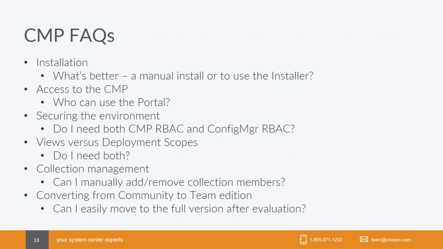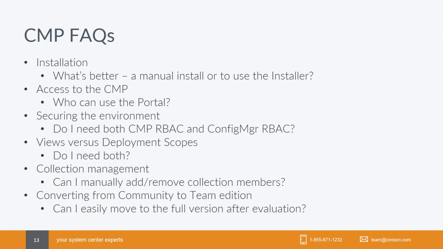Anything you create in the Community Edition or in a trial environment will be maintained in the Team Edition when you get a fully functional license key. So you're not going to lose anything by trying things out in the Community Edition or in a trial environment and then switching to the fully licensed Team Edition.